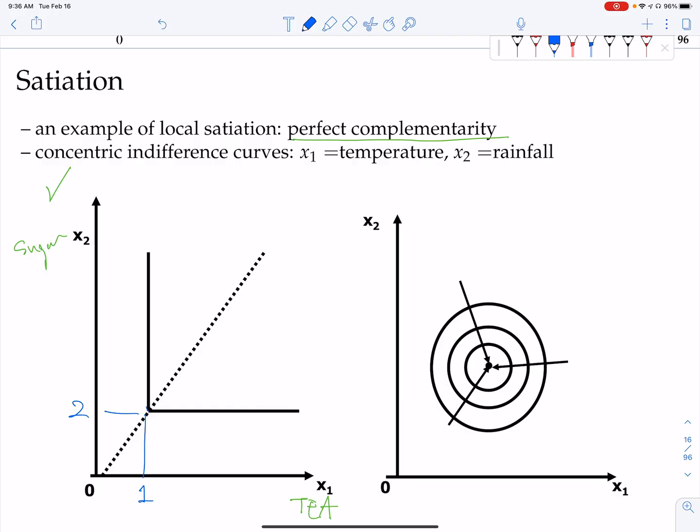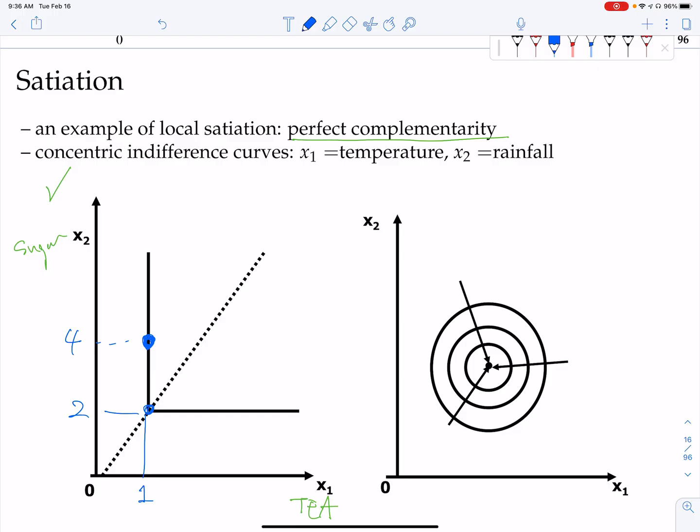If you have 1 unit of the tea but 4 units of the sugar, then the extra 2 units of the sugar don't mean anything to you because you need the exact ratio of 1 unit of tea and 2 units of sugar. Any extra doesn't add anything, so you probably want to throw them away.